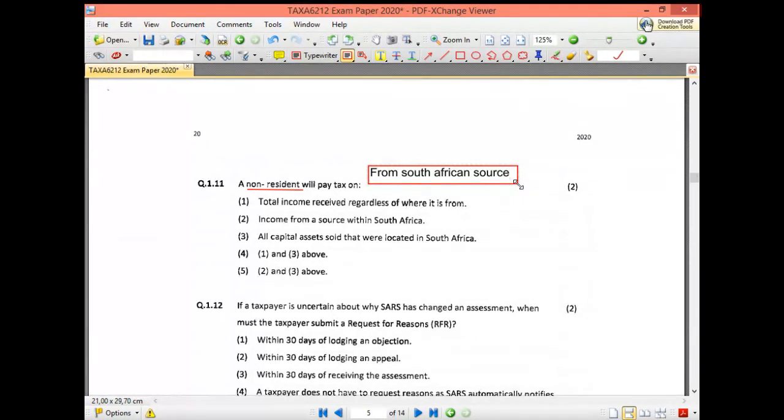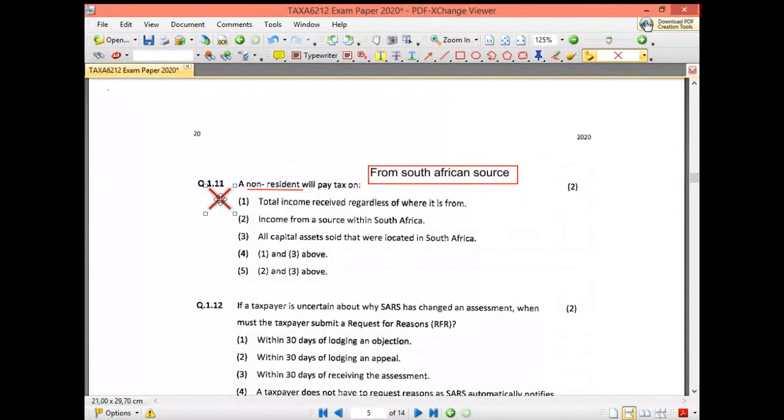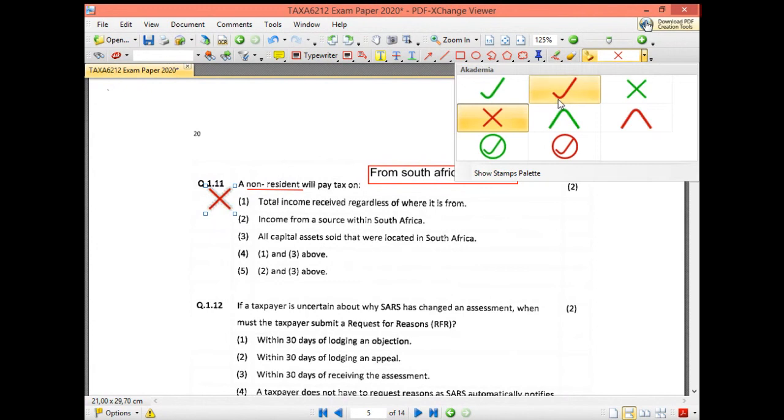So based on that, let's see what information they've given to you. Total income received regardless of where it's from, so that is incorrect, because they are only taxed on a South African source. Income from a source within South Africa, so that is correct.